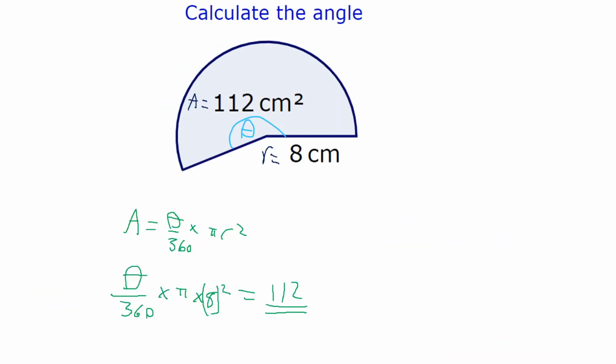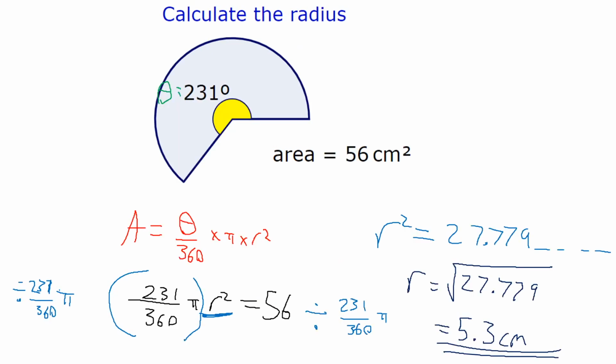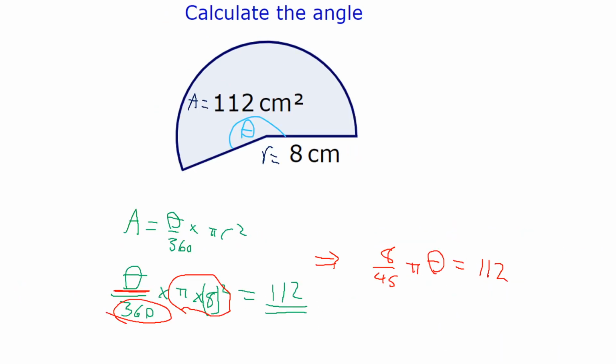So now all we need to do is make theta the subject. One way we can do that is by carrying out this multiplication and then dividing it by 360. So when we do that, we get 8 over 45 pi theta is equal to 112. Okay?